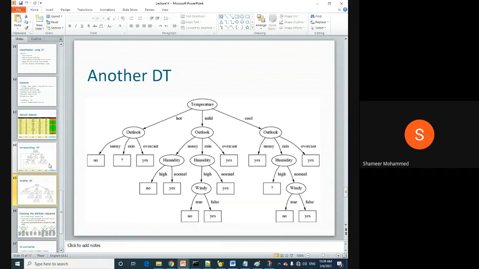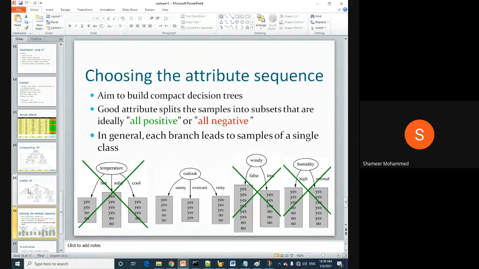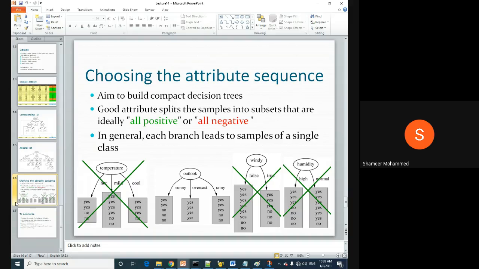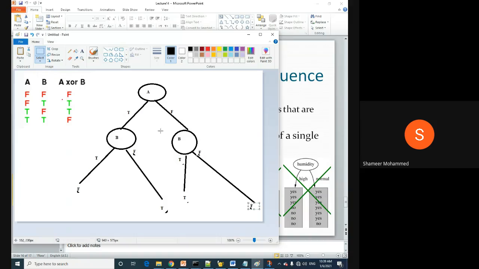Based on this, you will decide which one you can take. They will not ask you these calculations. They will just ask in an example like this: they will give some truth table or some data, and ask you to draw this type of decision tree.